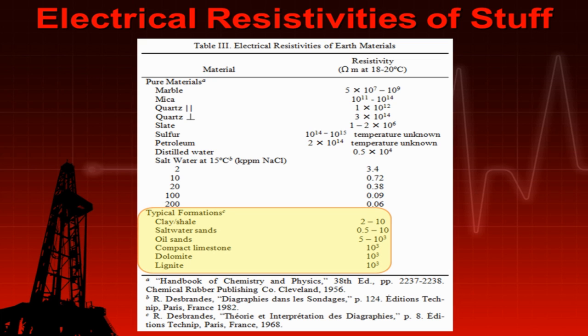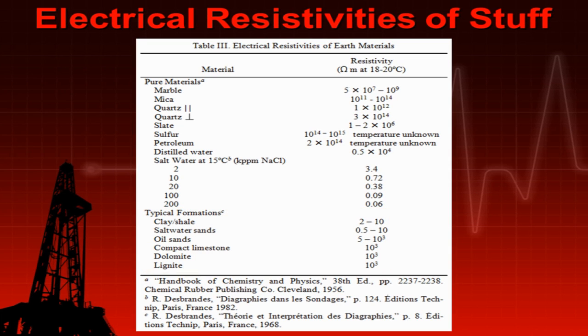So everything we're trying to measure is kind of in this range of 0.2 to 10 or 100 ohm meters. If you start to go into the Middle East or West Texas or whatever, you can get into some fairly high resistivity formations.